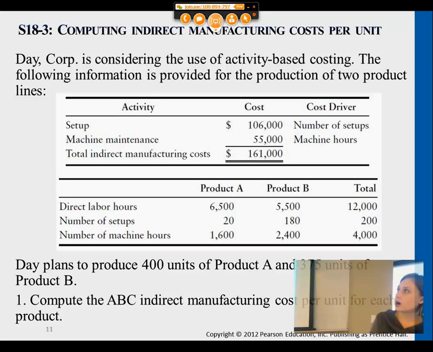My cost for setup is 106,000, and I have a number of setups, which is 200. So what is 805? No. Even if you do not go anywhere, just think about it. Tease your mind a little bit.